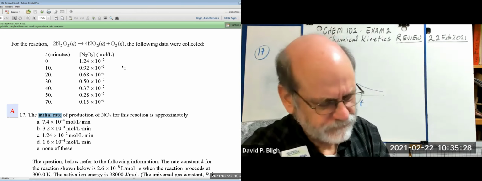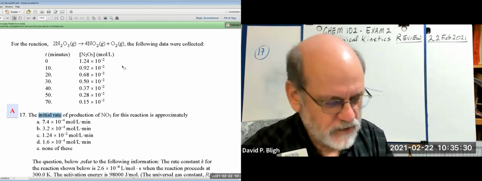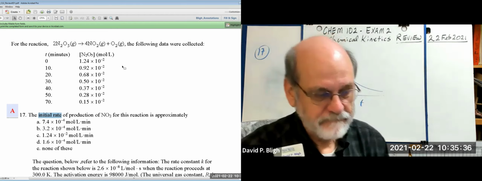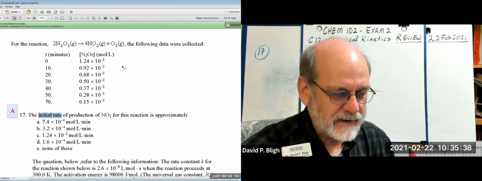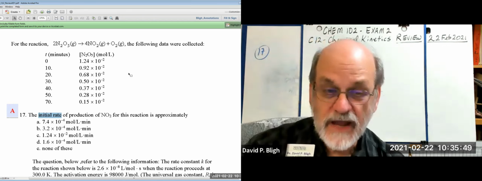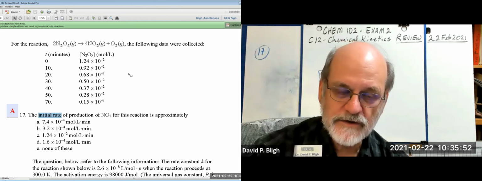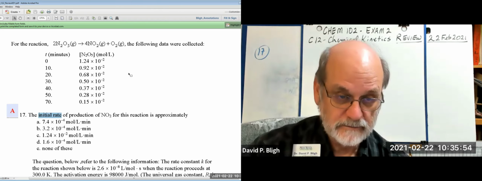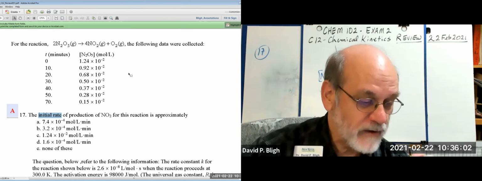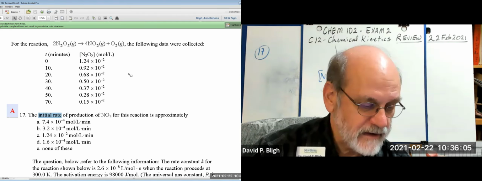So, what do we need to do? All right. This particular reaction, we've got to determine whether it's 0, first, or second order. And then we have to get the K value.